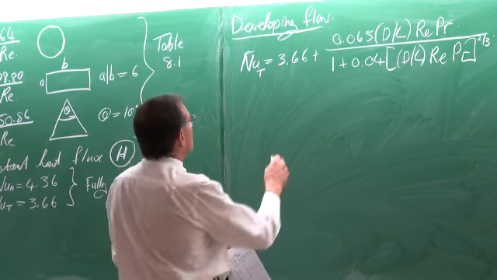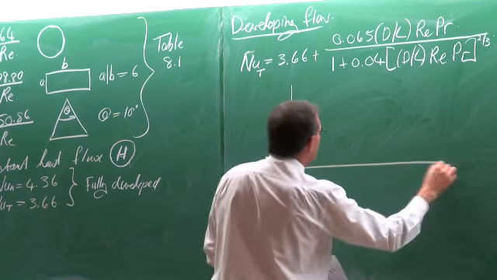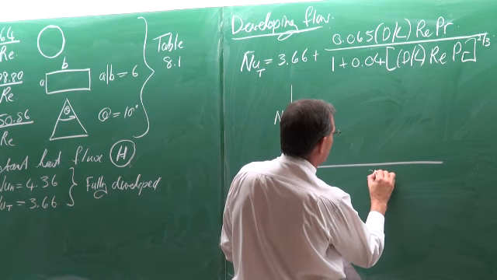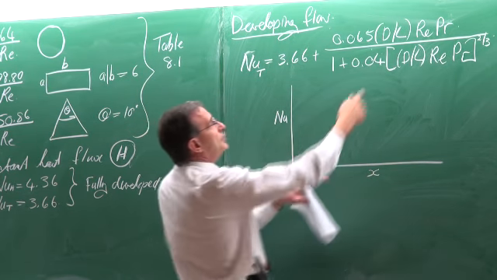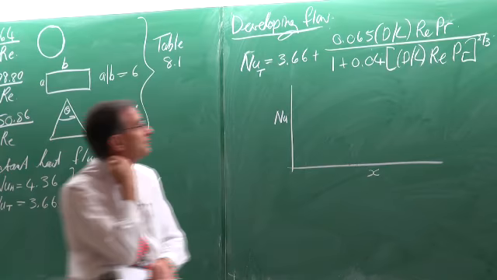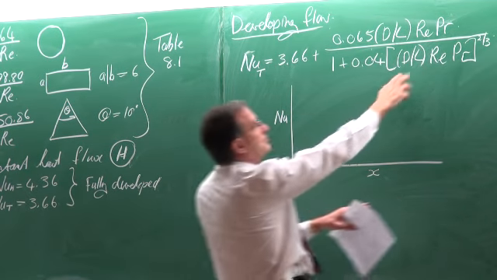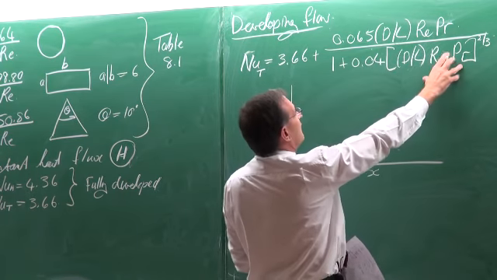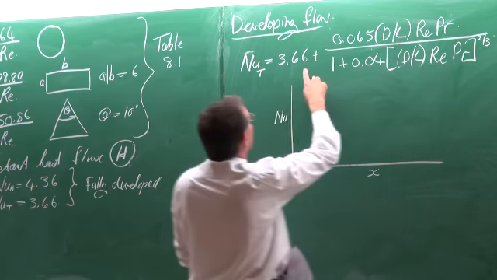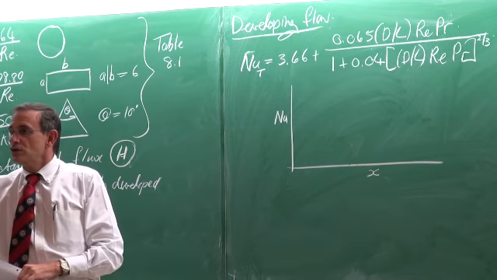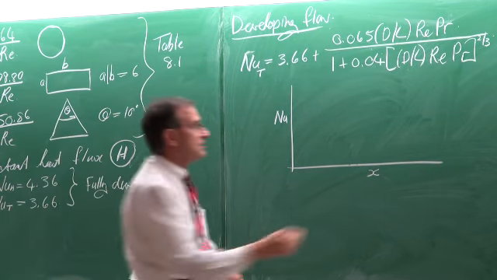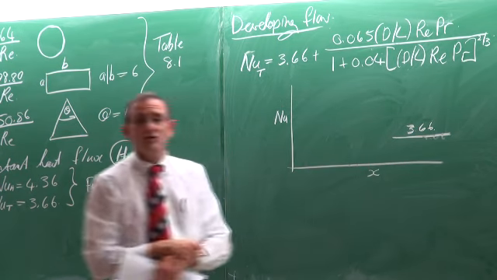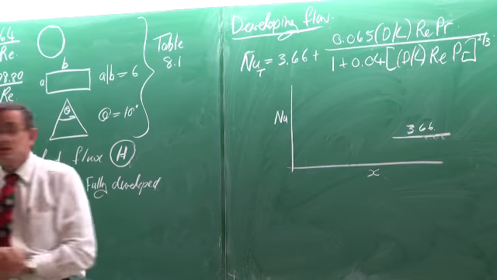Very important is that if you plot this equation as a function of L, using different values of L, you will see that if L becomes very large, this term would be much larger than that one, and the result would go down to a Nusselt number of 3.66. So if it is very, very large, you'll get an answer of 3.66 for all practical purposes.